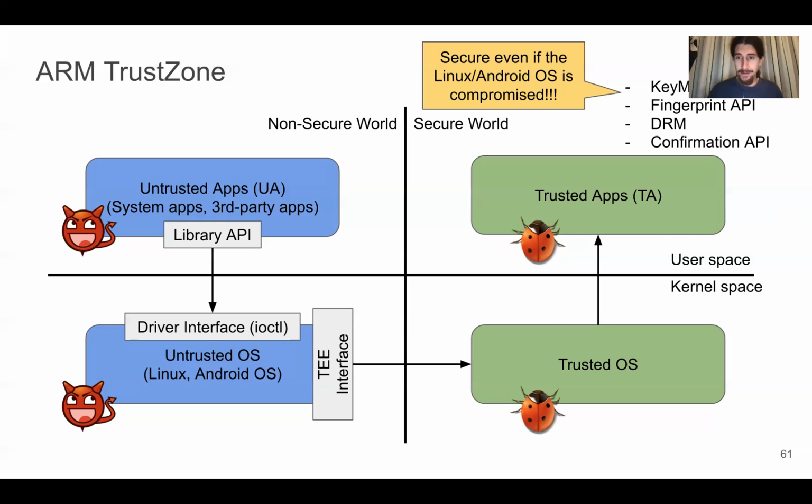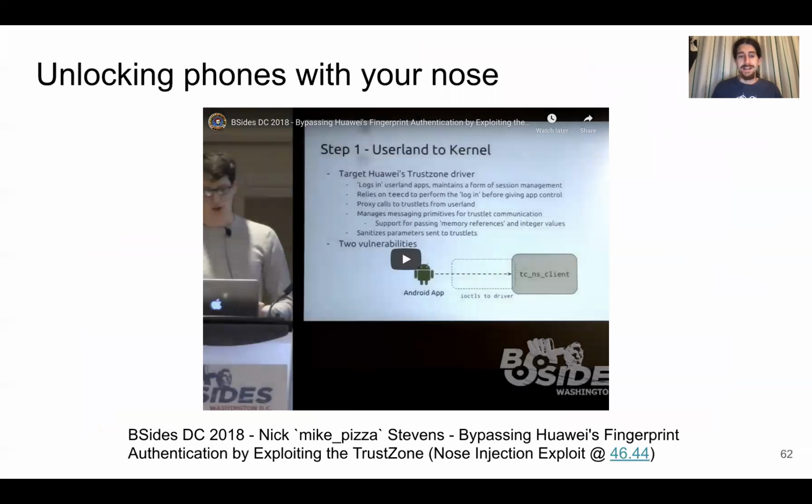And I have a friend who, with a couple of our friends from my previous school in Santa Barbara, found bugs like this in the trusted OS and in trusted applications. This friend of mine, Mike Pizza, had a super nice presentation on the details of how he found this bug with other colleagues and how he exploited it.